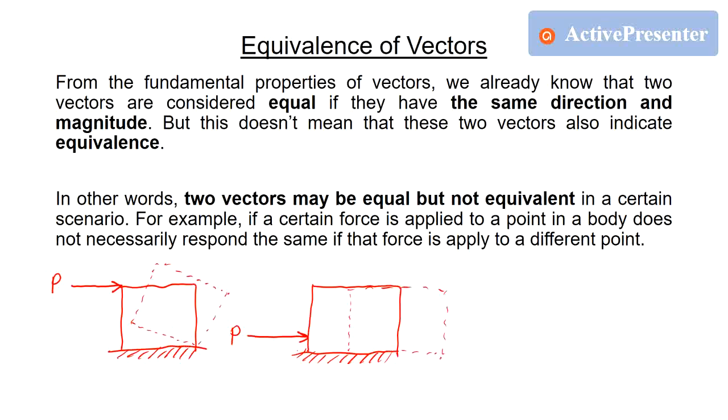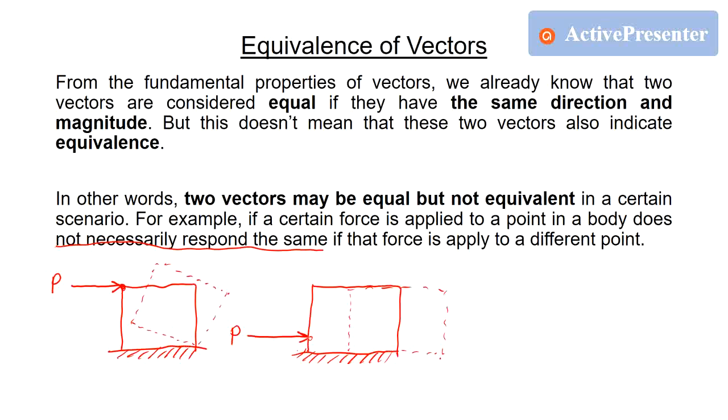So as you can see, the two vectors are equal, but the response of the body is not the same. The reason is that the point of application of the force is different.